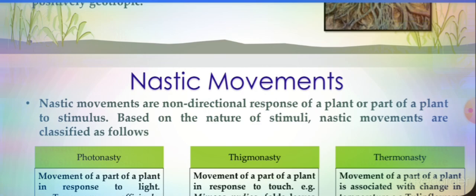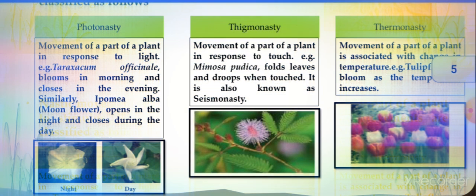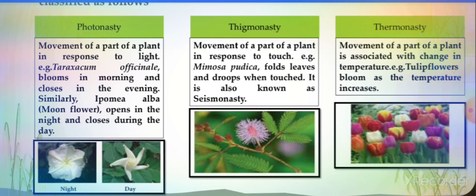For example, photonasty, a movement of a part of a plant in response to light. Photonasty, we call that as ஒளியுறு வளைதல். So here you find, for example, there is a flower or a plant called Taraxacum officinale.